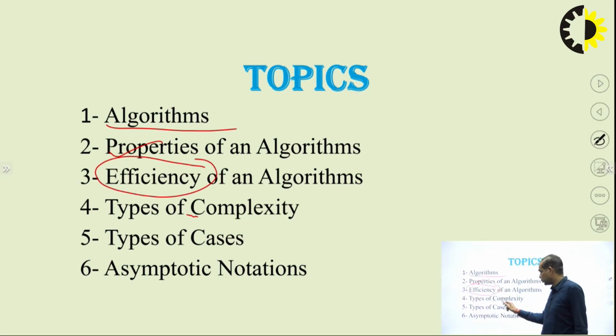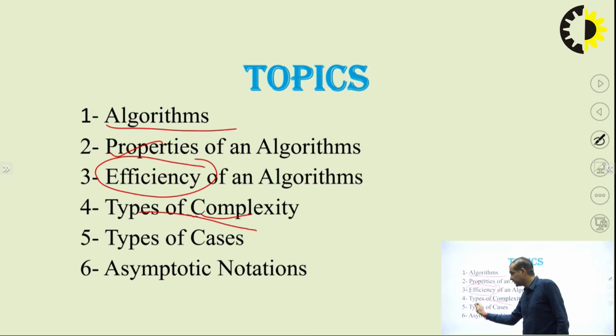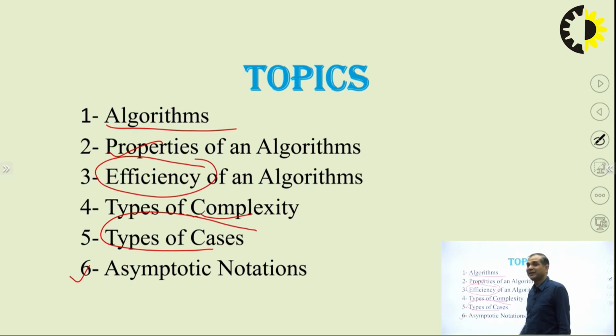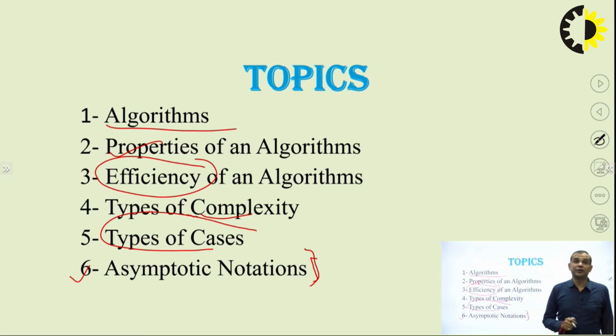Clear? And the types of complexity, the three types of cases we use, and the asymptotic notations. To discuss asymptotic notations, we have to be clear about algorithms and data structures.